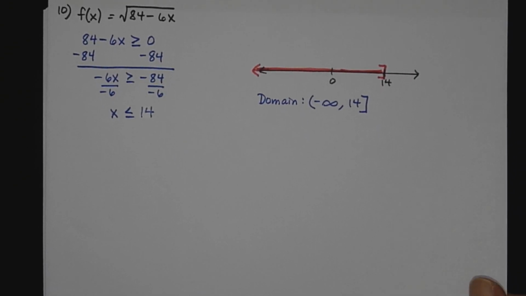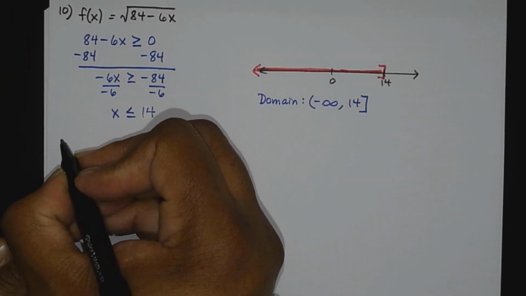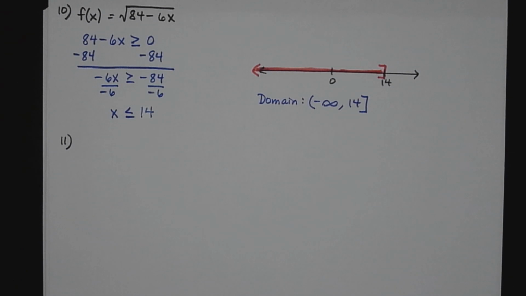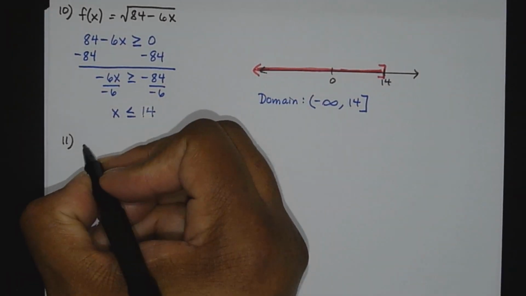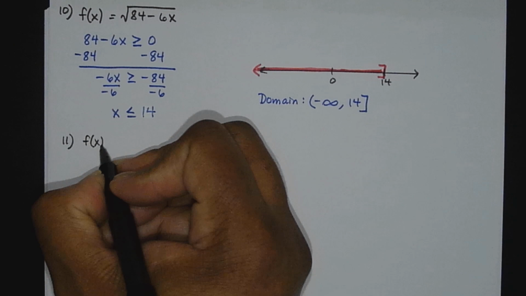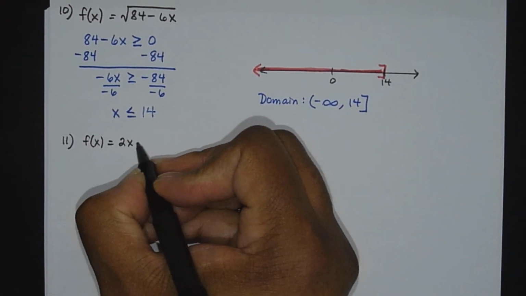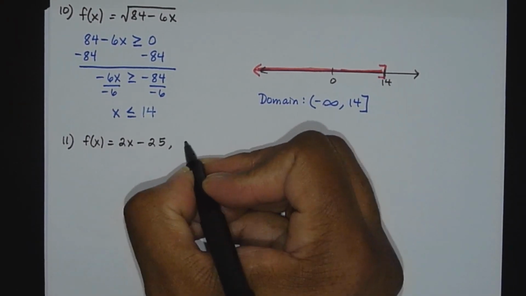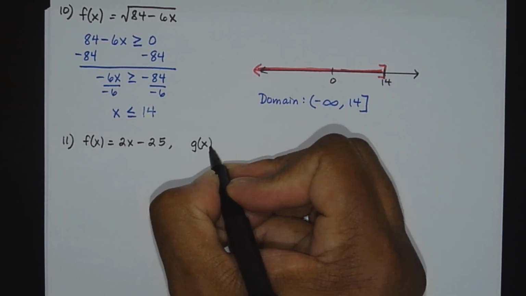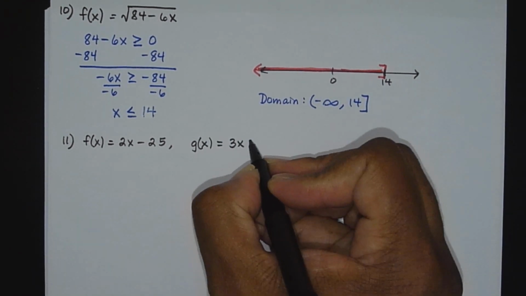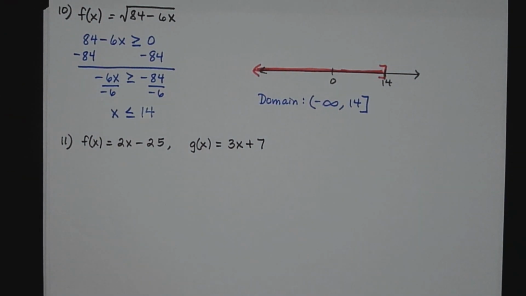Okay, number 11 deals with the sum, the difference, the product, and the quotient of two functions, f and g. And here we are given that f of x is equal to 2x minus 25. G of x is equal to 3x plus 7.